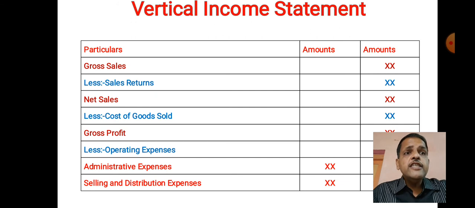Friends, these operating expenses include three types of expenses: administrative expense, selling and distribution expense, and finance expense.